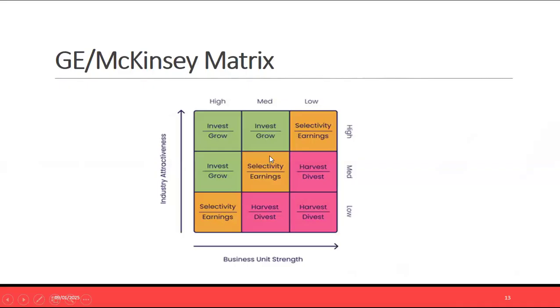Then you look at the yellow ones. If it has a high attractiveness but a low business strength, it falls in the yellow.